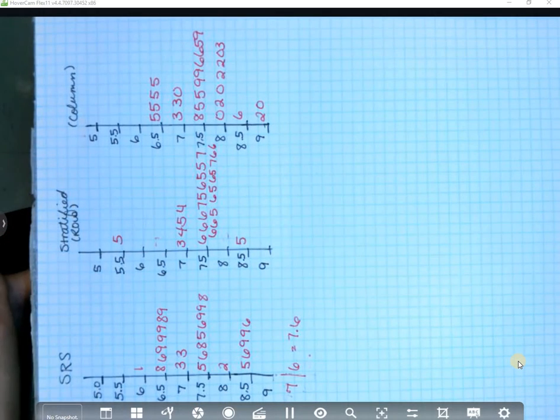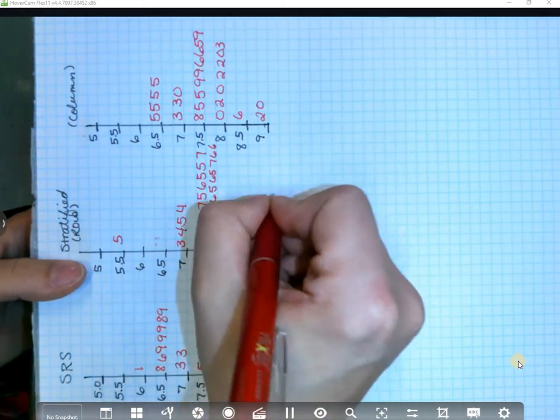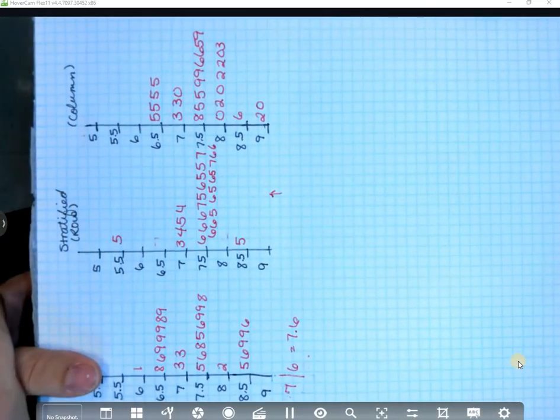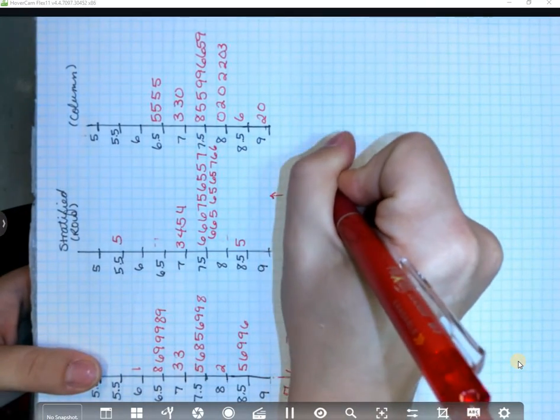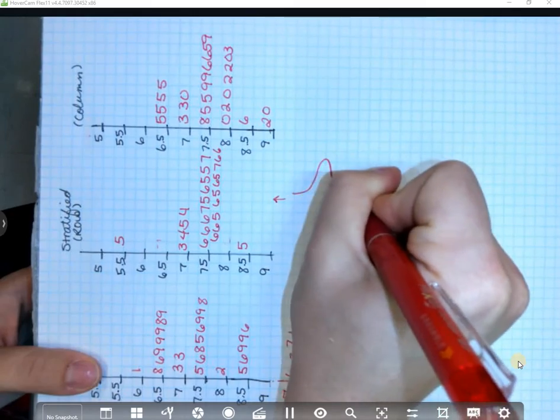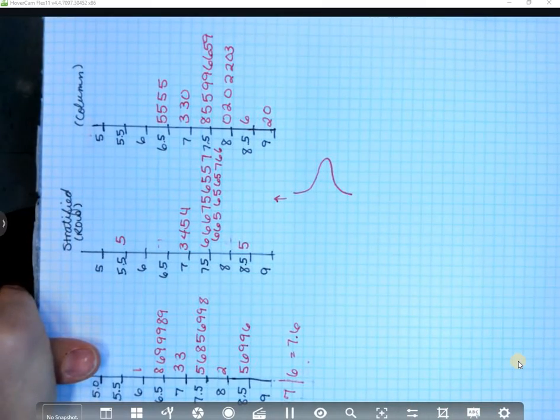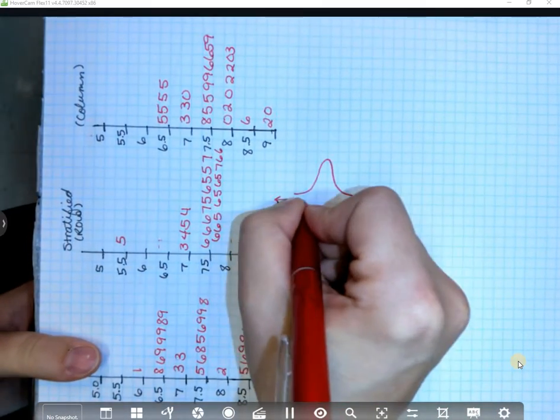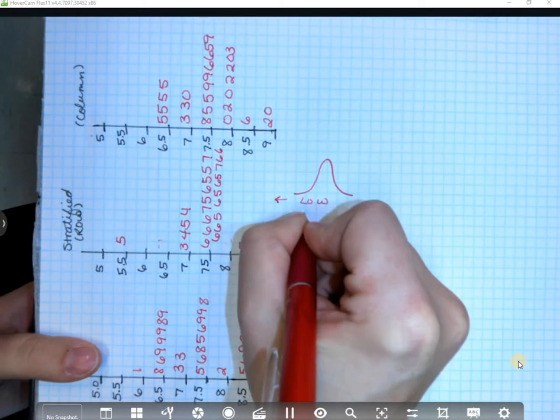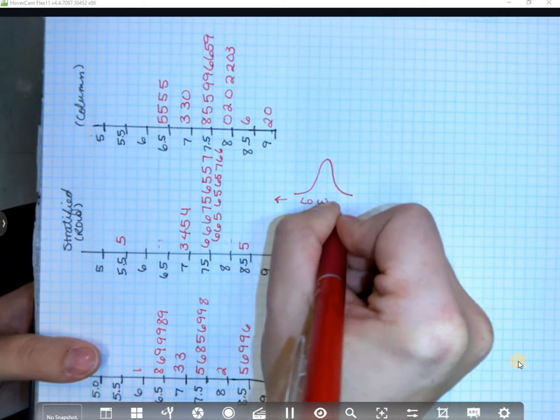What do you think is good? What do you think gives the most accurate representation? The middle one. When we have something that's nice and peaked mostly like that, when it's all tightly clustered, we say that that has low variability.